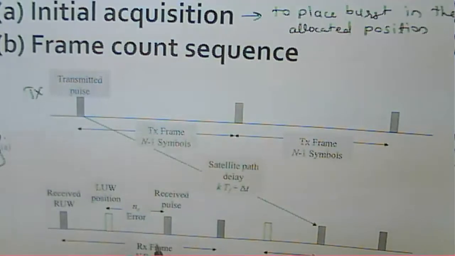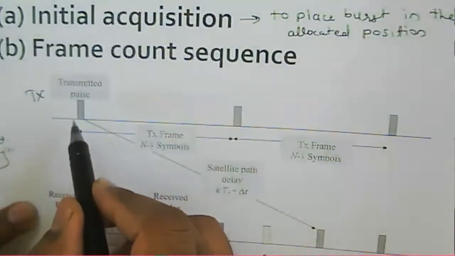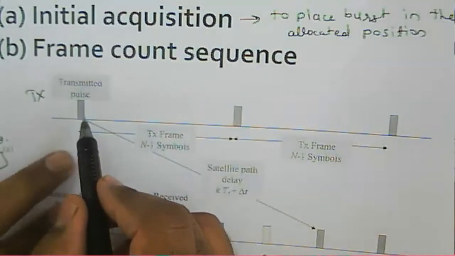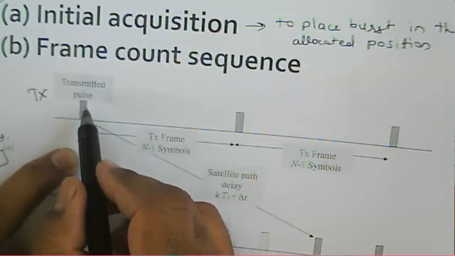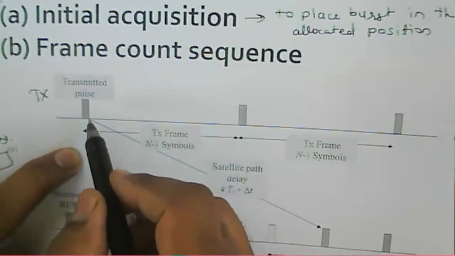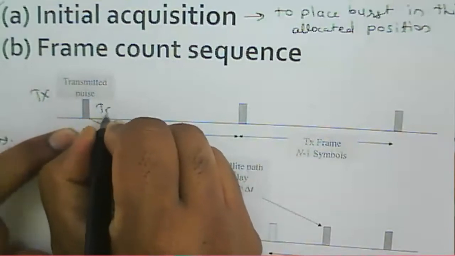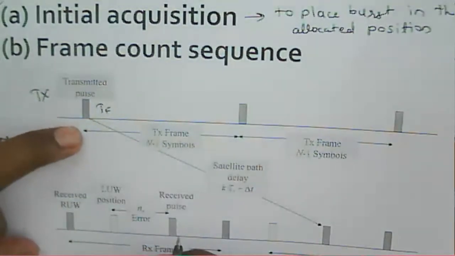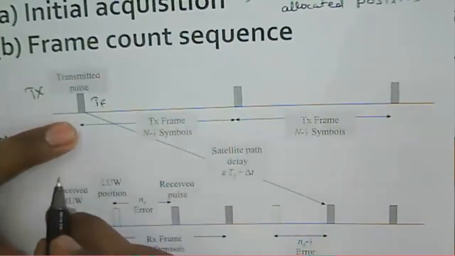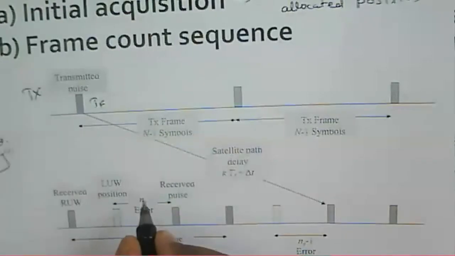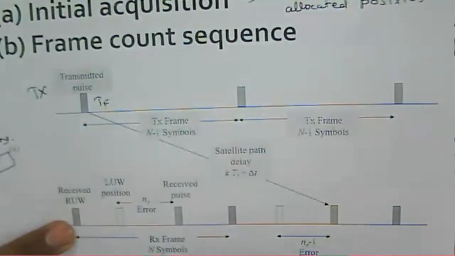Or we can send one particular pulse, a transmitted pulse, transmitted with a frame period TF, and its position in the received frame is measured with respect to the local bus.